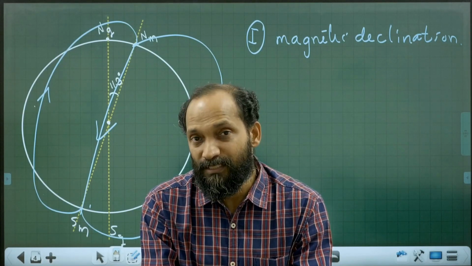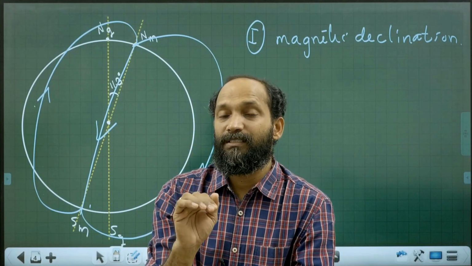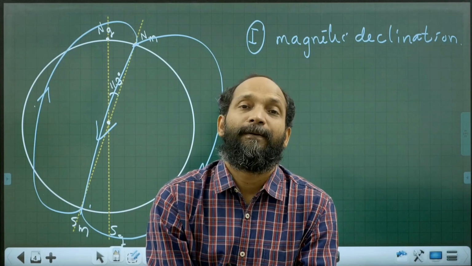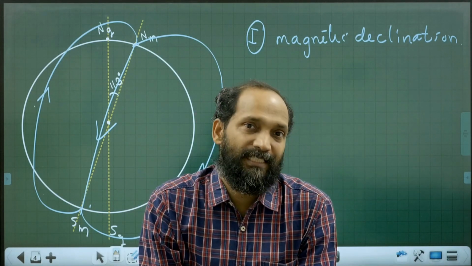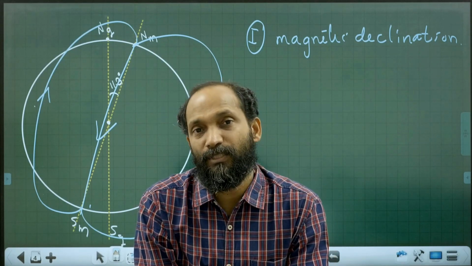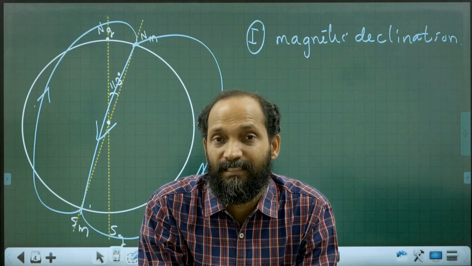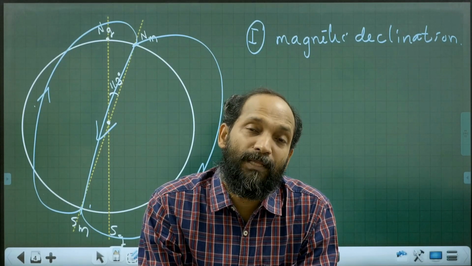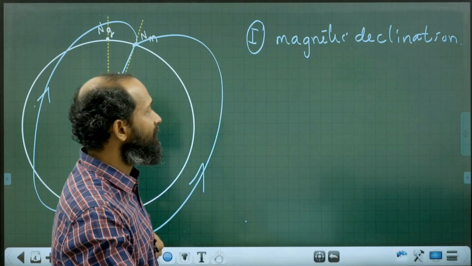Like that, you are seeing the geographic North Pole and magnetic North Pole, 500 miles separated, together without parallax. Then we can say that there is no declination. So there are several points on the surface of Earth with 0 declination. Declination changes from place to place over the surface of Earth. Okay, that is magnetic declination.